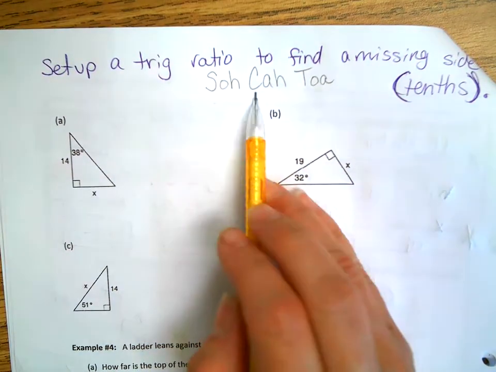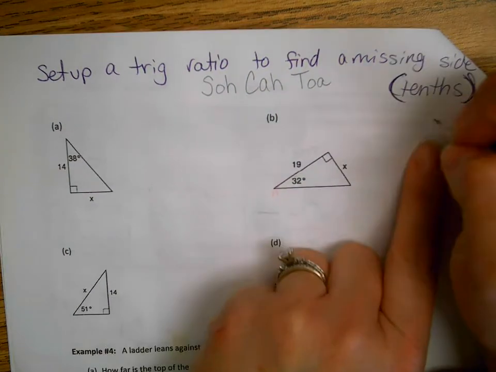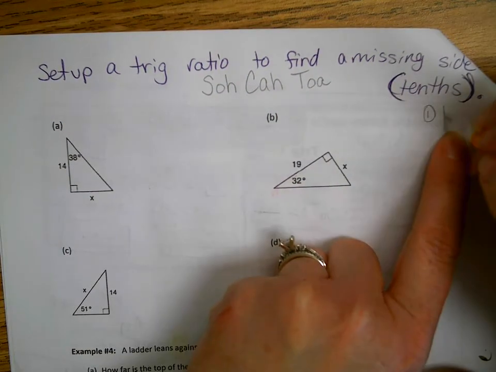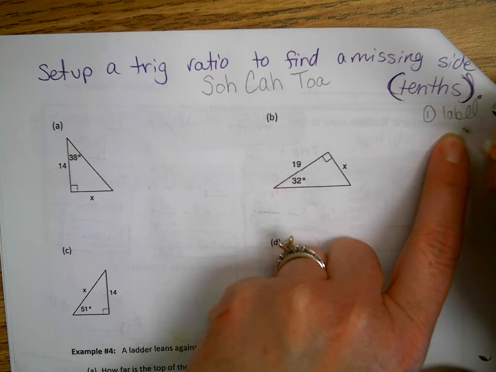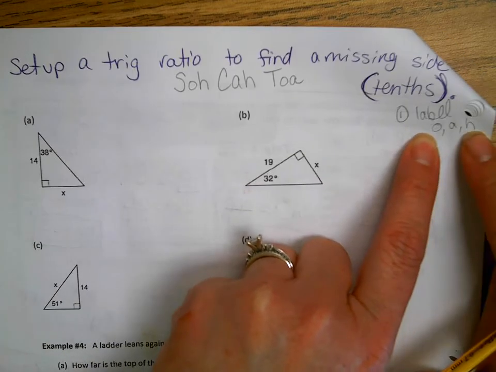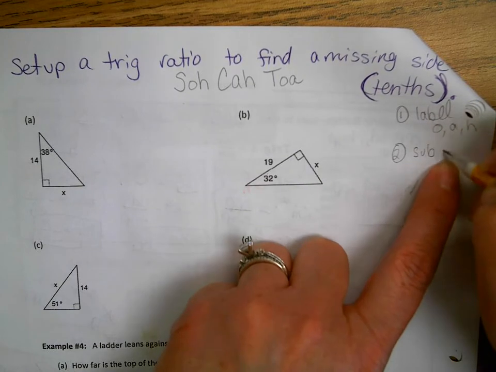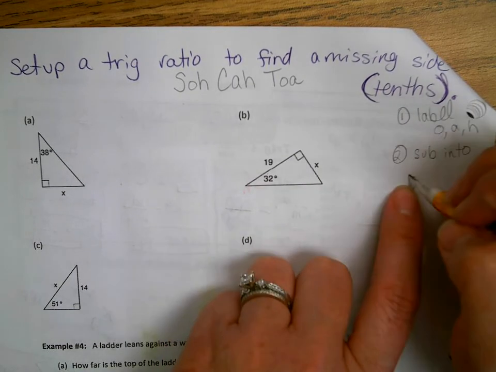So looking at sine, cosine, and tangent, what we do is a 3-step process. Step 1 is to label your O, your A, and your H, the opposite, the adjacent, the hypotenuse sides. Step 2 is to sub into the trig function.